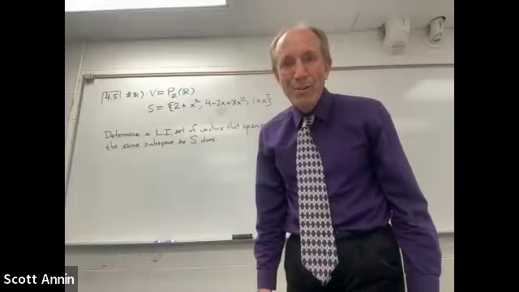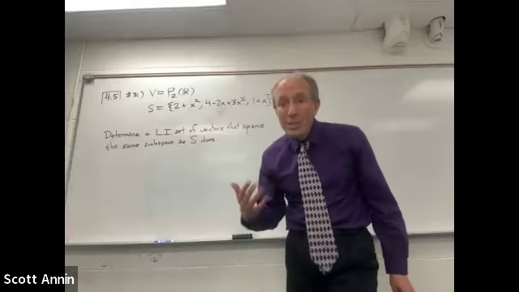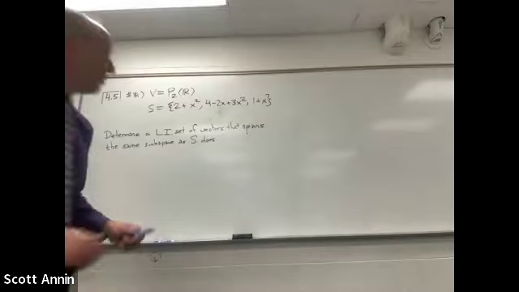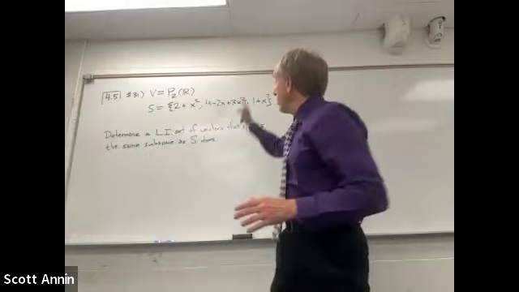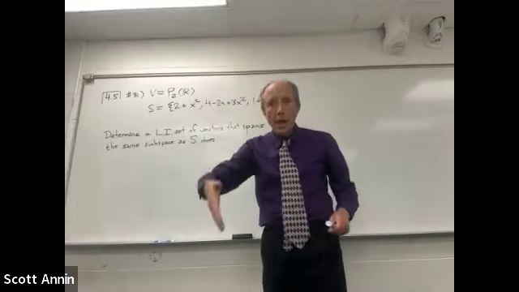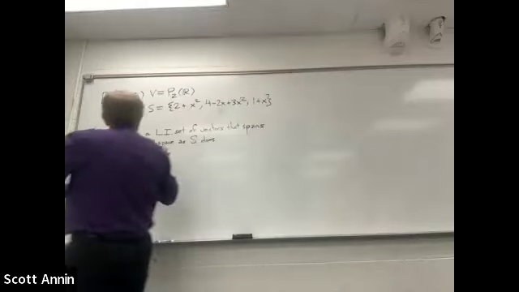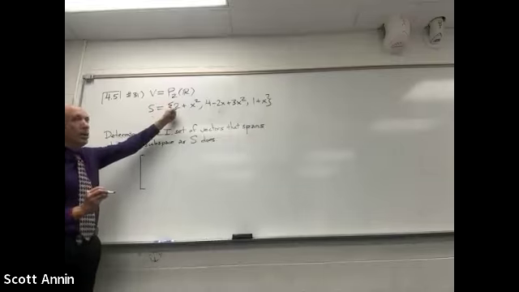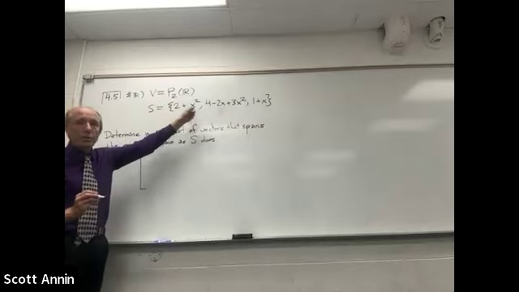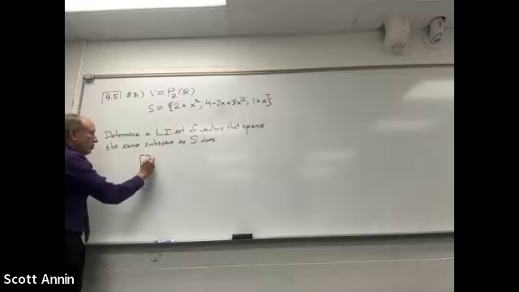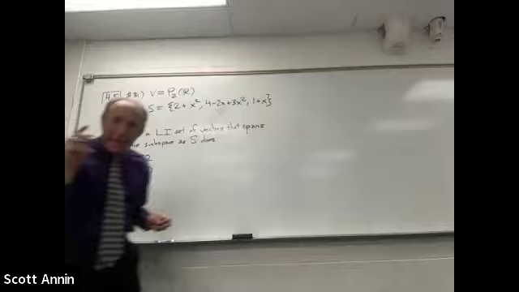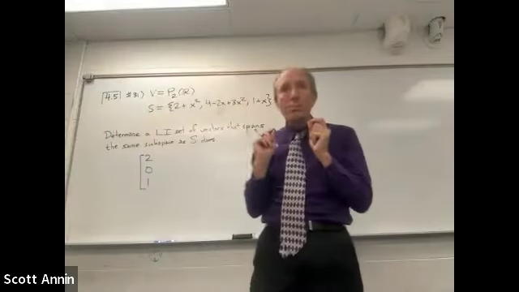Feel free to pause the video and try it yourself. It works just like the last example that we did. So what we're going to do is start off by laying out our 3 polynomials into the columns of a matrix. We do this every single time. In the first column, I'm going to lay out the polynomial 2 plus x squared. I could write that as 2, 0, 1. Notice I never put the x or the x squared actually into the matrix.